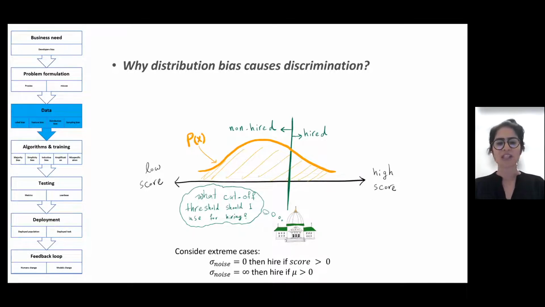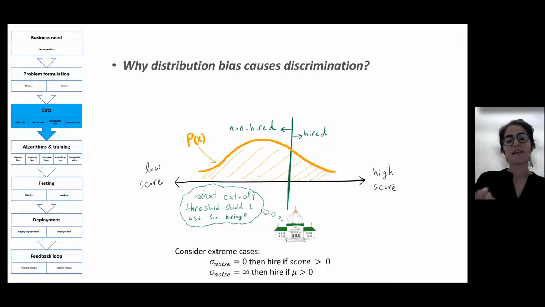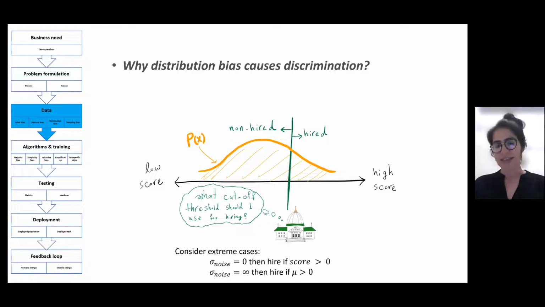So the score actually doesn't give us any information. What the company should do in this case is look at the average skill level of the population. If the average skill level is greater than 0, then they should hire everyone. And if the average skill level is less than 0, they should not hire anyone.